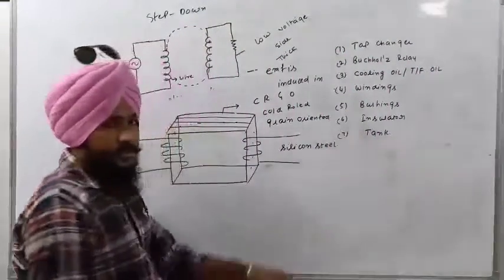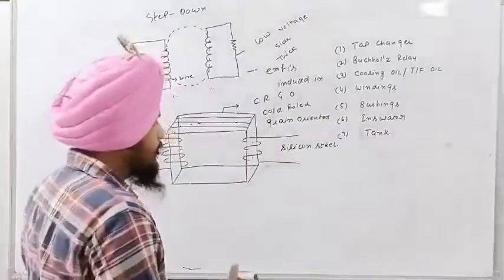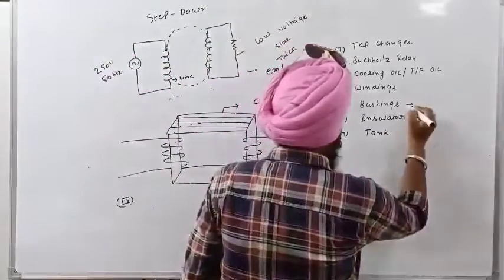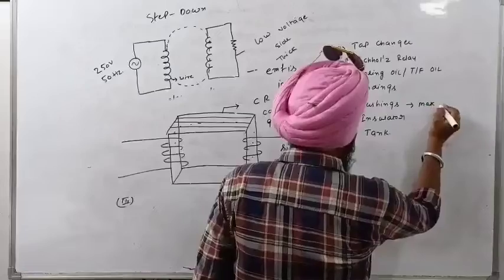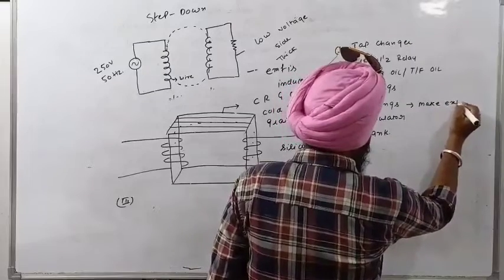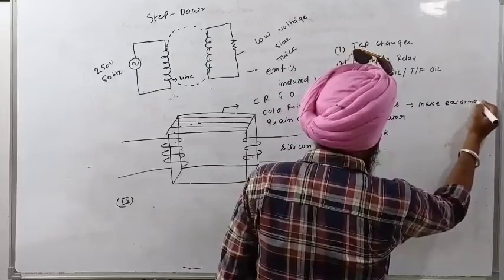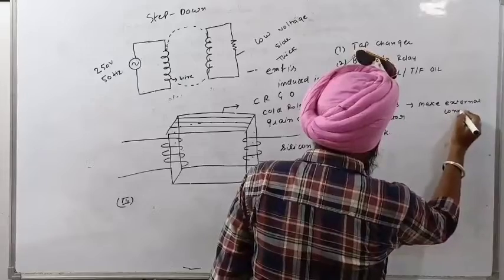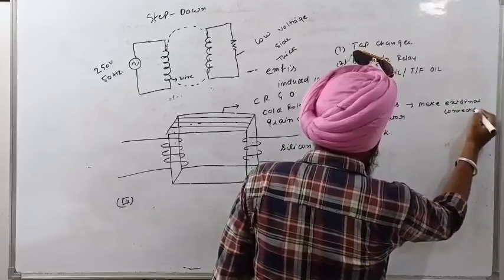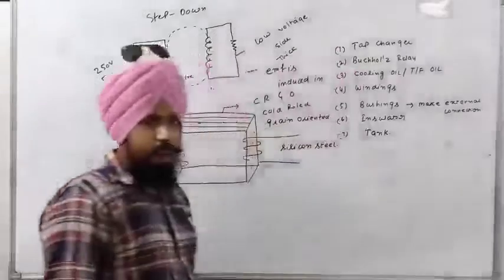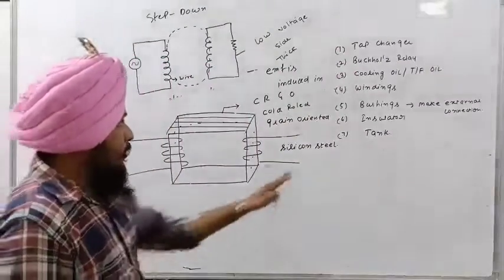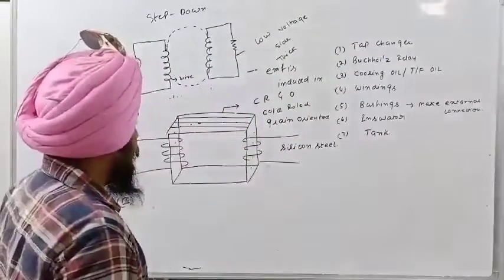Next, fifth is bushing. Bushings are used to make external joints, external connections. Okay, and the insulator.